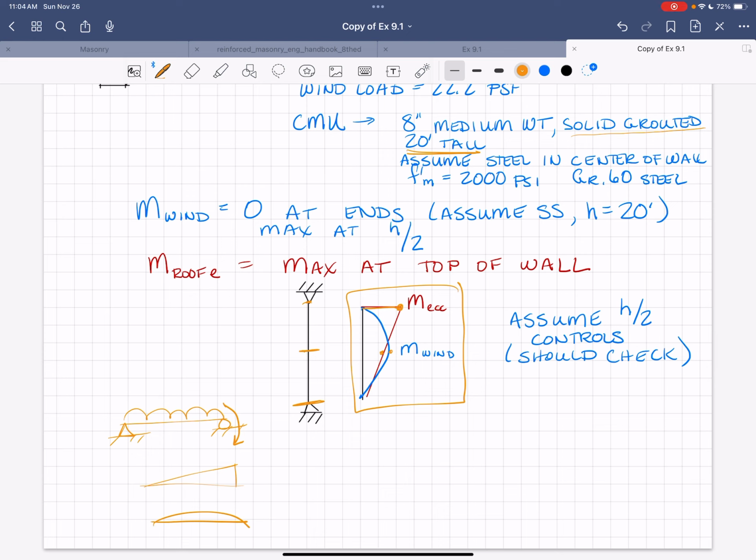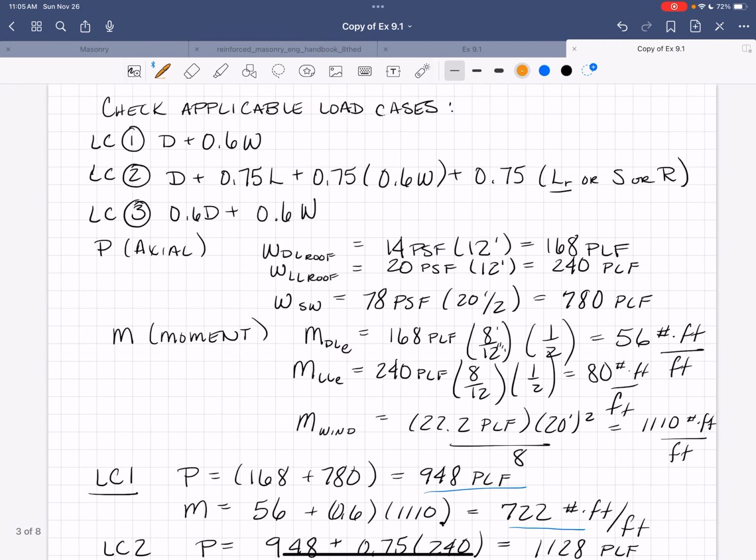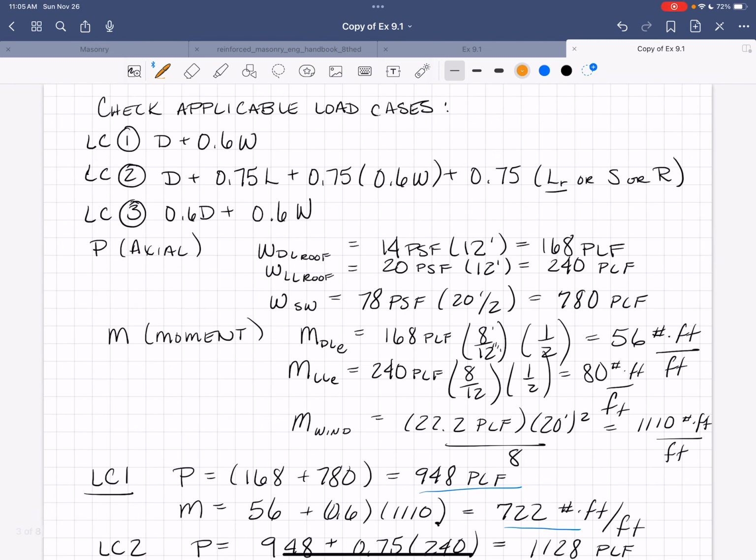We're going to assume for this problem, because I'm telling you to, that we do this all at mid-height, so h over 2 controls. On your exam or homework problem, I will say check, or assume mid-height controls. If the top controlled, there would be no wind piece to that.